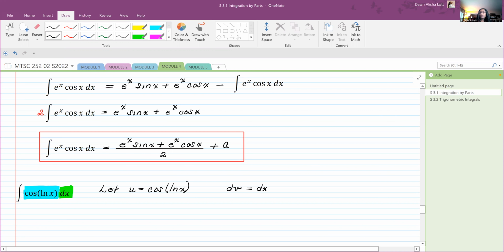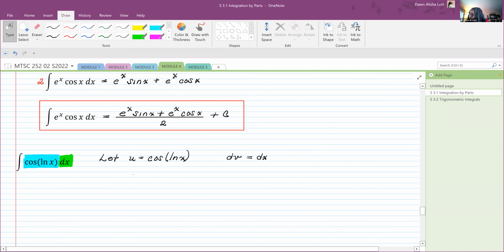Okay, so here's a great question. What is du? Got to use chain rule. What is du? Do you have to go out and solve it by itself, like using chain rule?